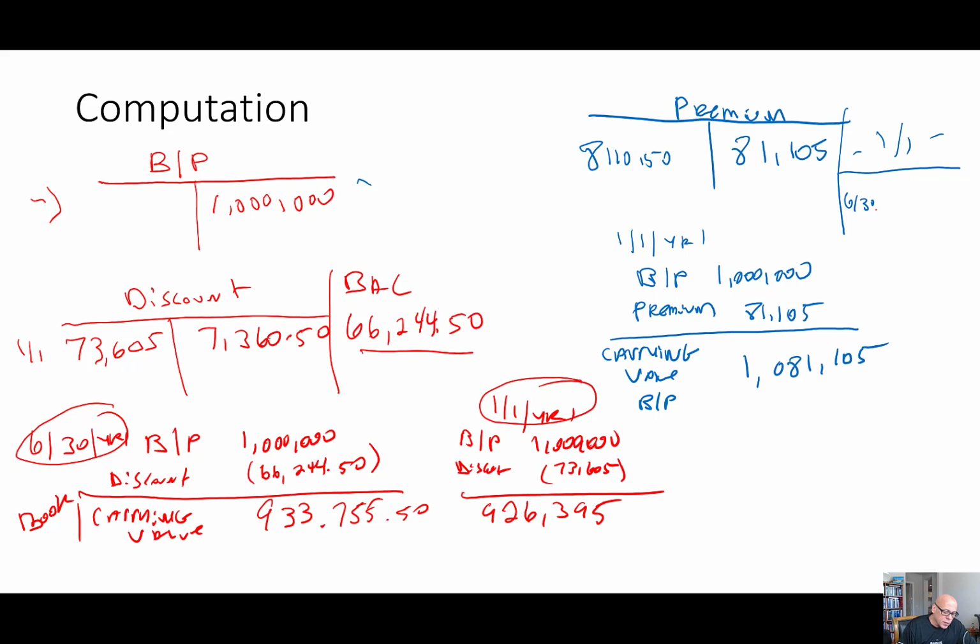It comes to $81,105 minus $8,110.50. The balance at 6/30 is $72,994.50.